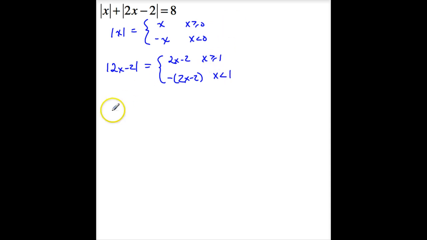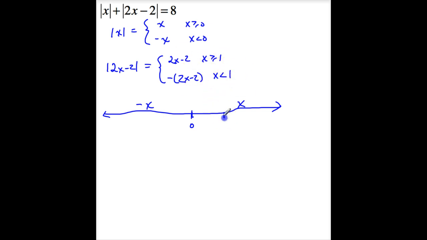Now, at this point, I strongly recommend you do a number line. That's not a real good number line, is it? Okay. The first thing we're going to do is look at this one right here. When x is 0, this function is x when x is greater than 0, and it's negative x when x is less than 0. This function right here has a breaking point at 1.